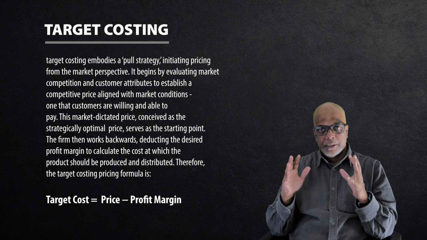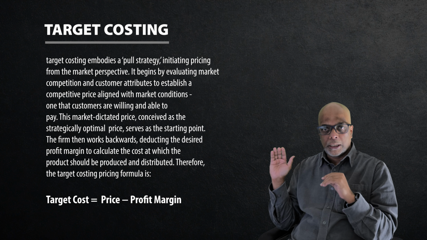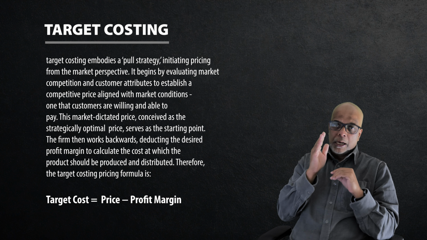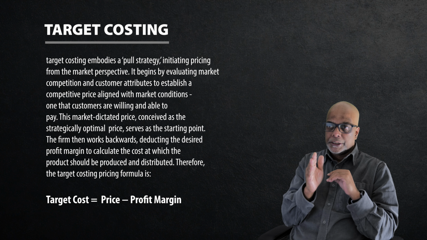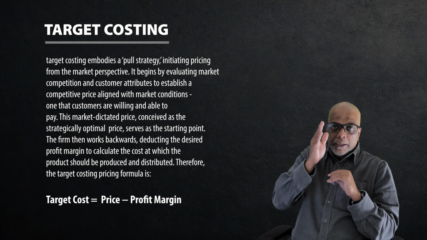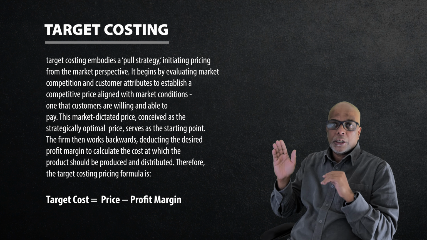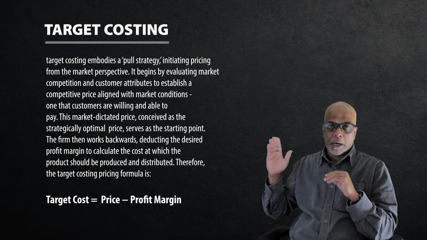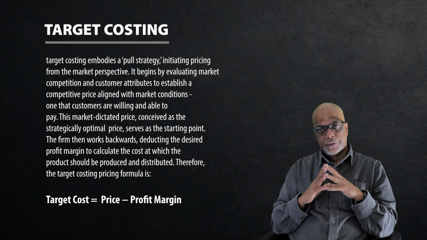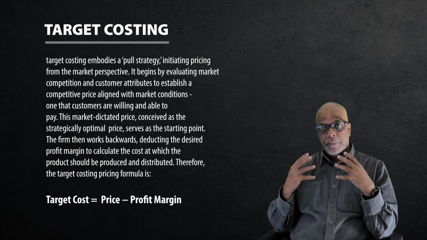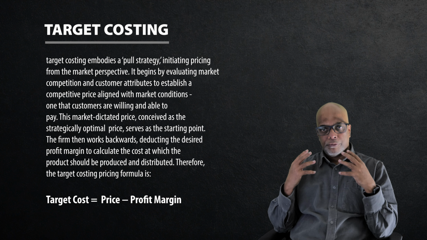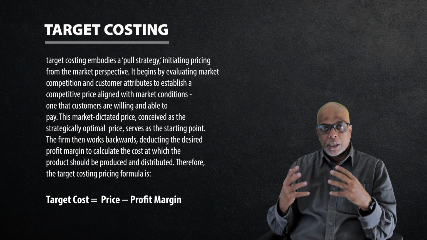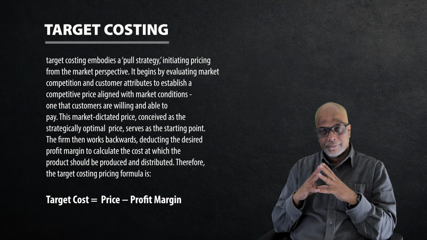So until then, the key elements of target costing are this. The key concept is that target costing basically means the fundamental equation is that cost should be equal to price minus profit margin. So the aim is to decide the cost at which we should produce the product.